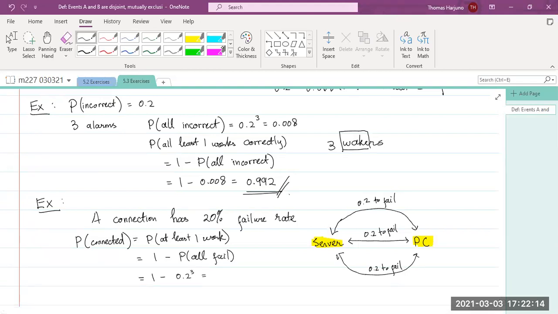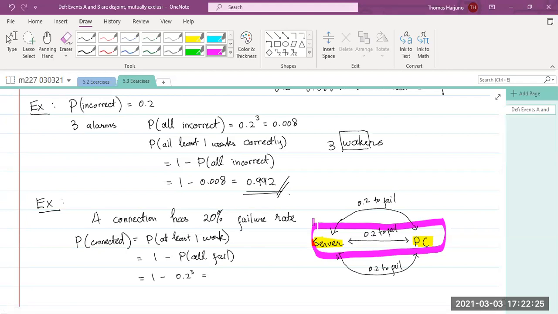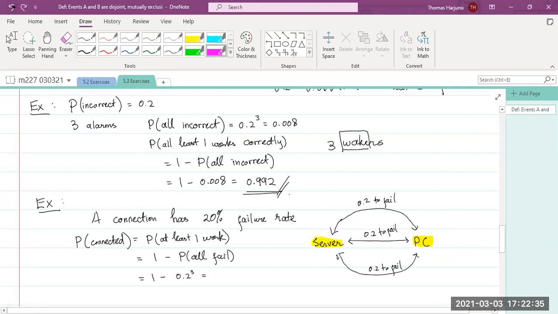See, if you only use one connection, the probability that it works is only 80%, right? It's 20% chance to fail. So 80% chance to be okay. But if you use this kind of configuration, the only time you lose connection is if all three of them fail.